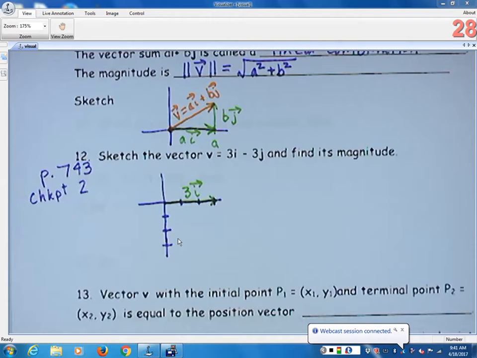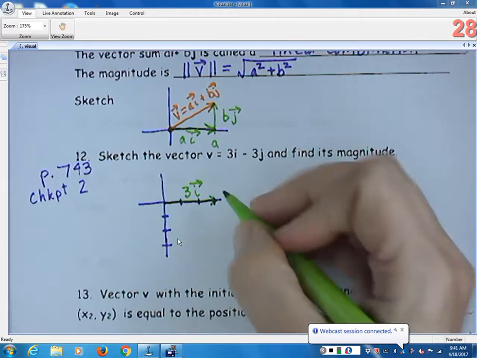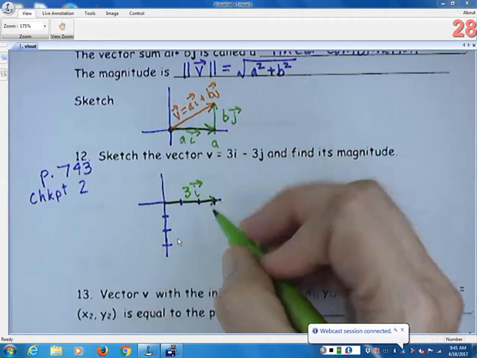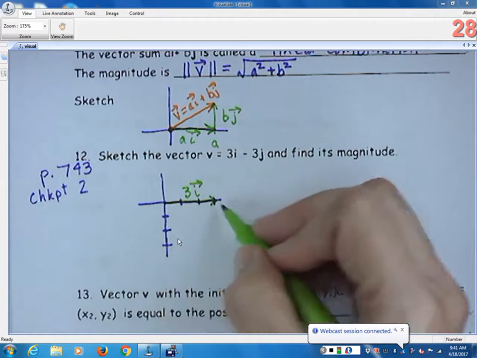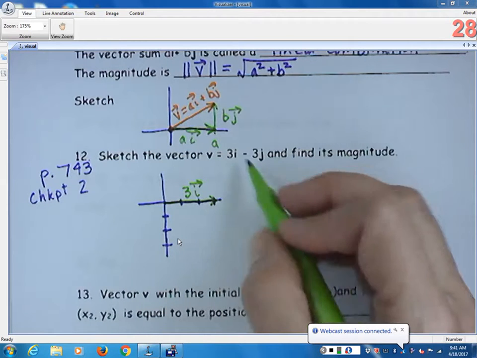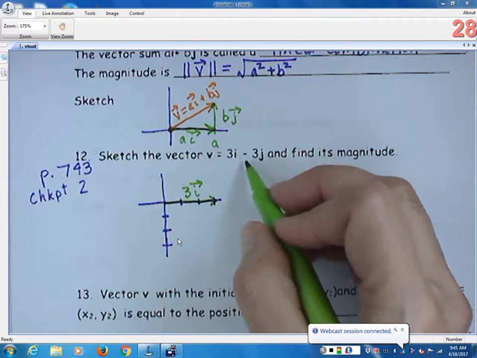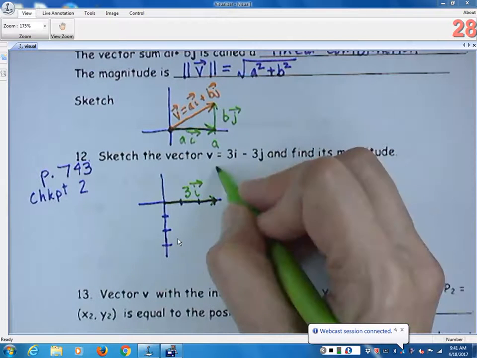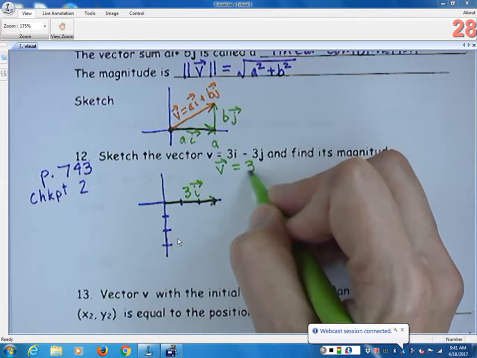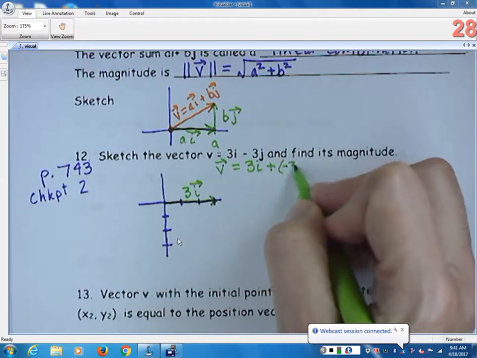We're rewriting this as 3i plus a negative 3j.